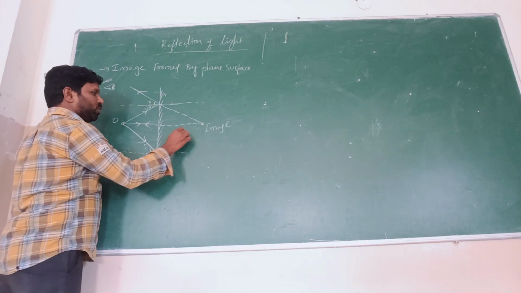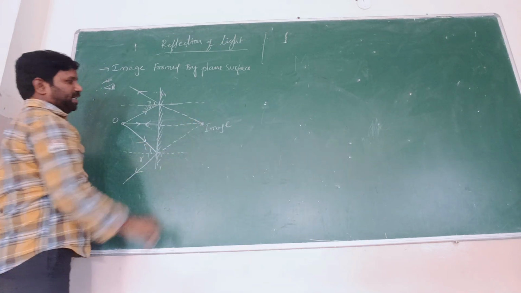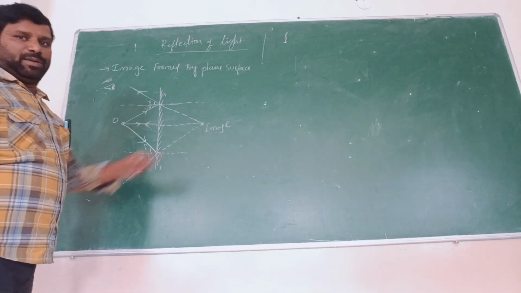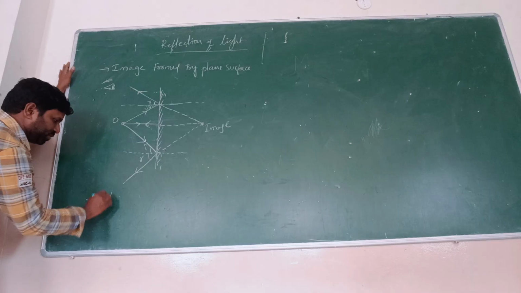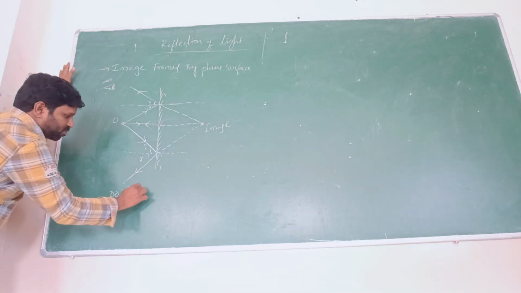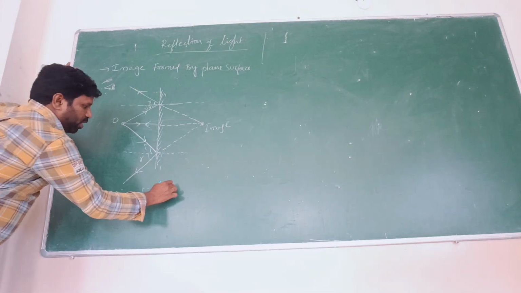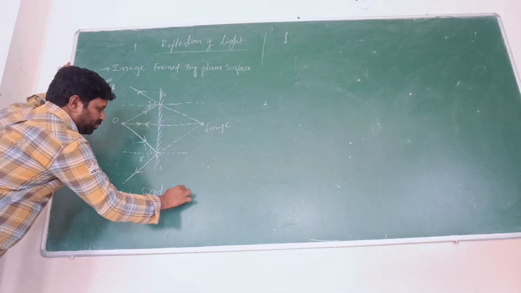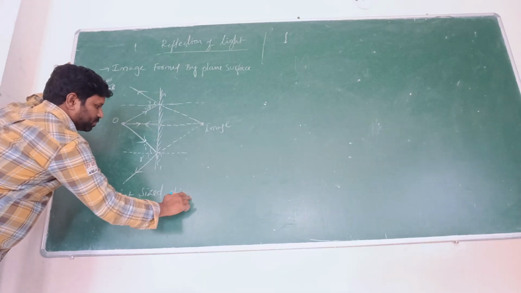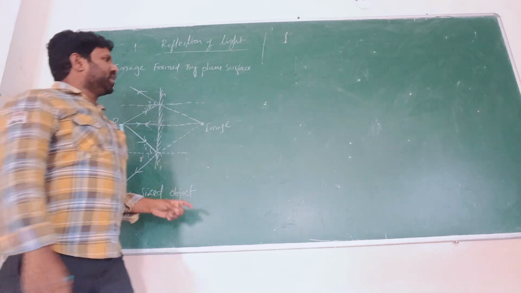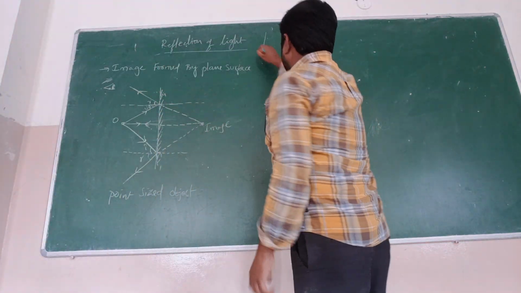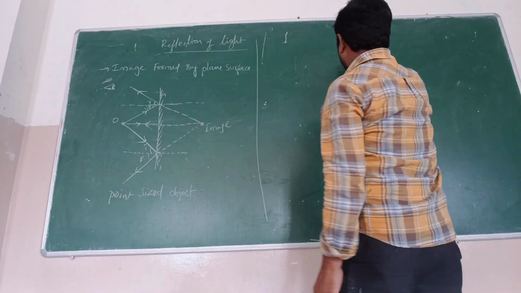If we extend this, it intersects here. So this is the formation of the image in the case of a point sized object. Now I consider a sized object.